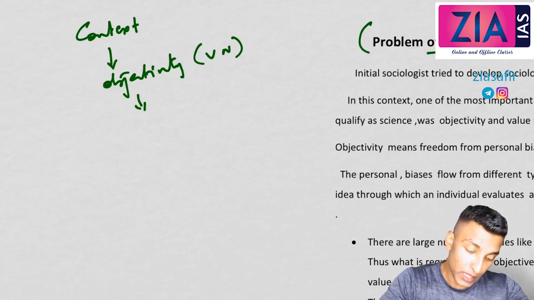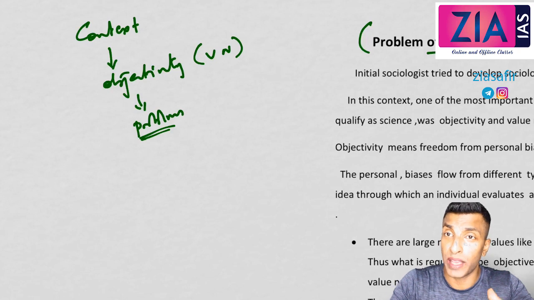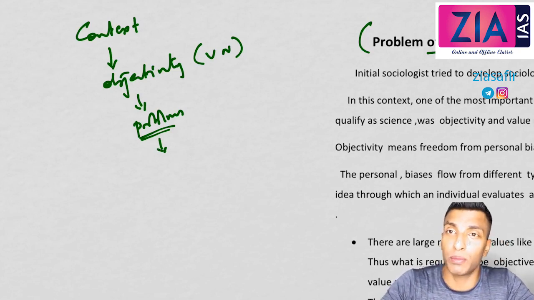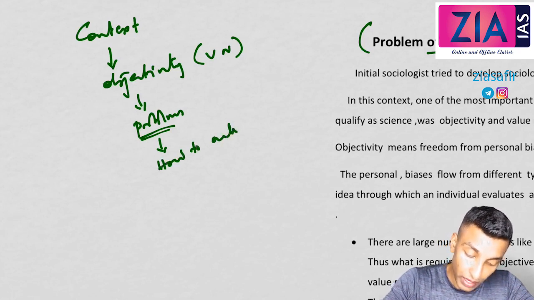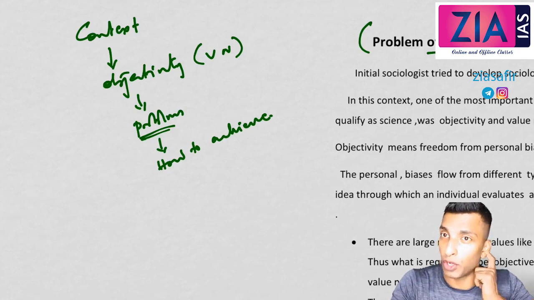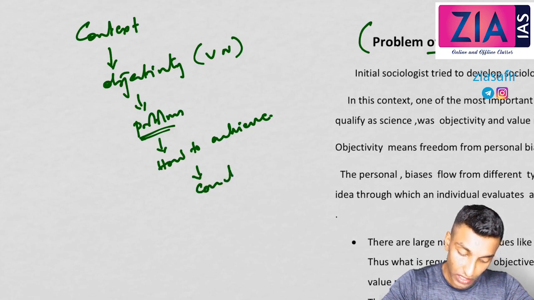Problems in achieving objectivity, or where sociologists may be compromised with their values, we will discuss, and then we will see the solutions, or how you can achieve objectivity. How to achieve, if not complete absolute objectivity, at least the maximum possible objectivity. We will discuss that, and then we will go for the conclusion.